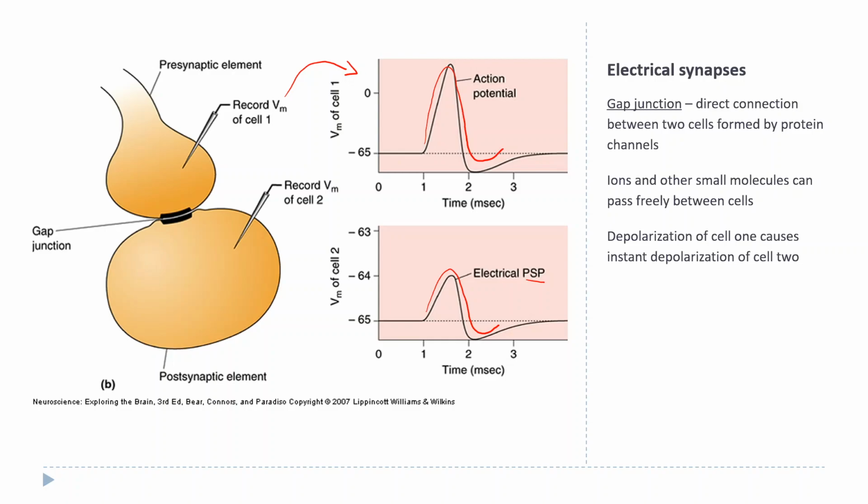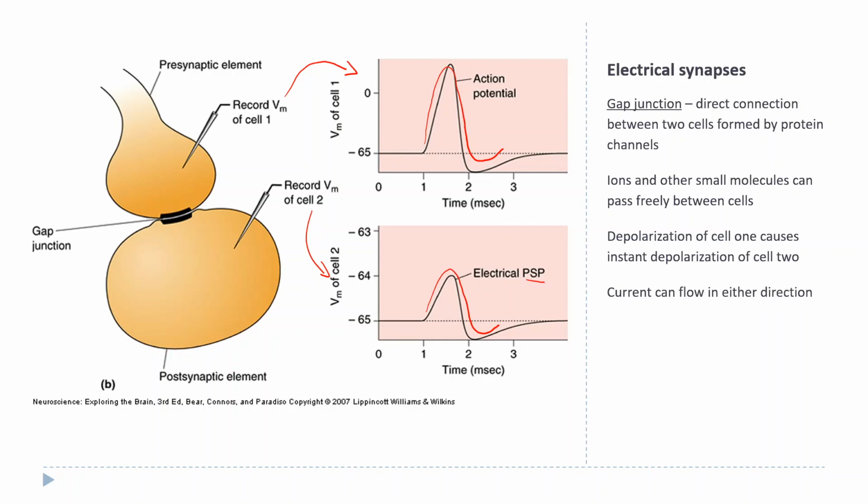So this is the electrical postsynaptic potential, because that's what we're recording here, the membrane potential of cell 2. So what that means is they effectively have the same membrane potential. It's a little bit weaker in the second cell because some of that current does leak out, but they're essentially linked up or synced together in terms of their membrane potential.